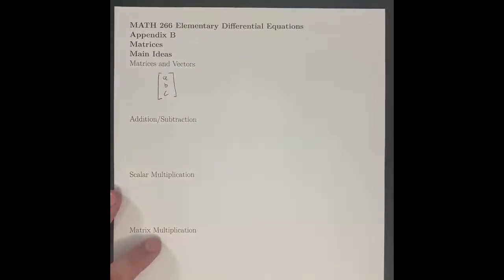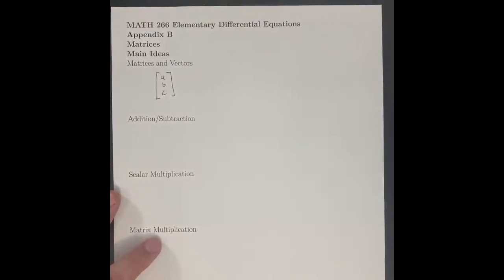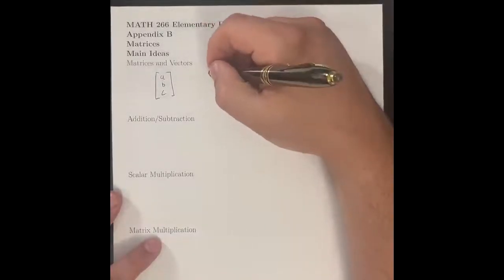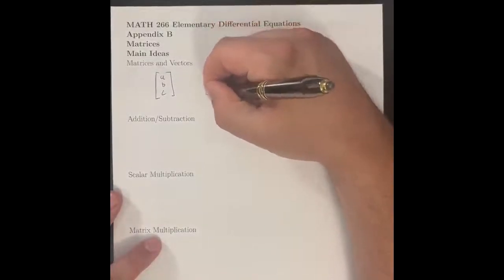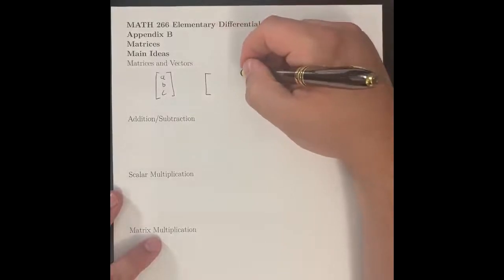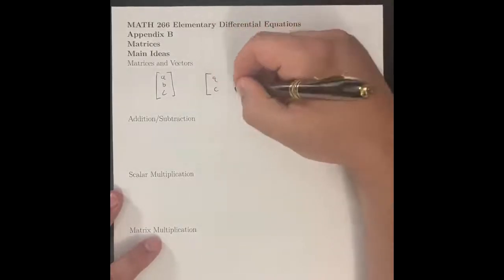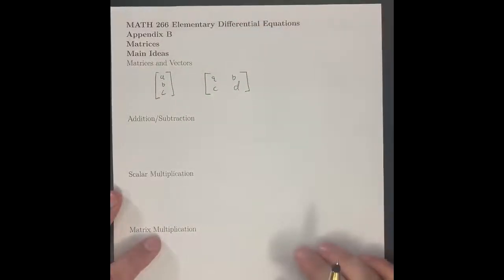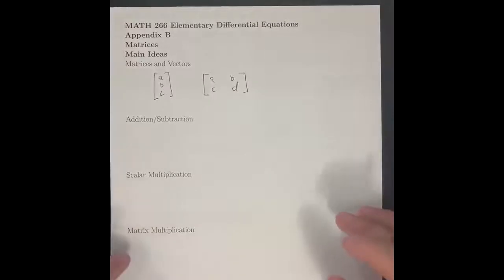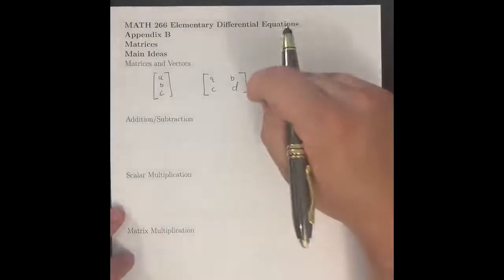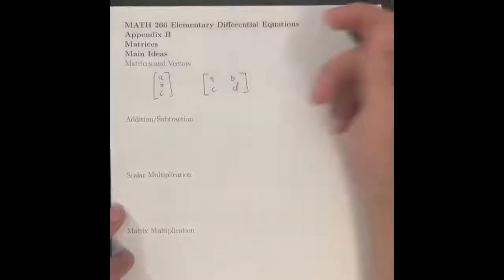They could be functions if you're having a vector function, or they could have variables in them. And a matrix is going to be a 2D version of that. So there's a 2D array of numbers. All right, and we're going to work with these two different ideas, matrices and vectors.